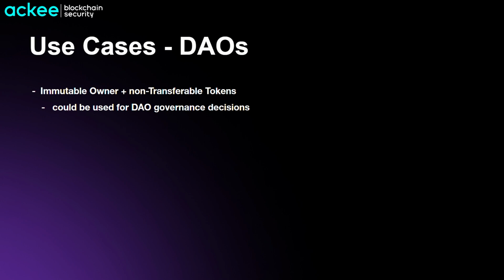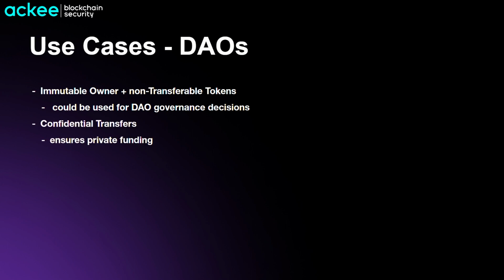Otherwise, you could transfer the tokens to some other person, and then this person is responsible for making decisions in the DAO governance. However, if the token has immutable ownership and the tokens are non-transferable, you cannot just send the assets to another person, so the decisions are tied to you.